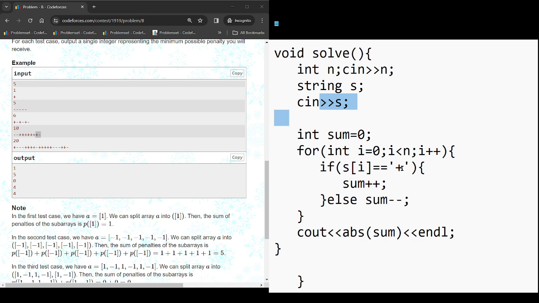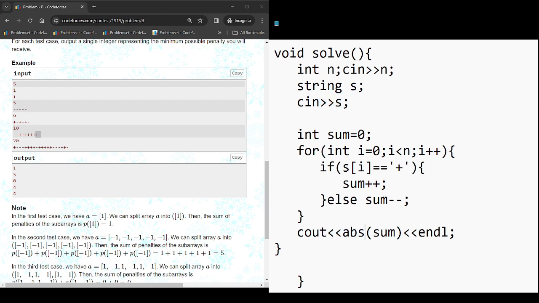If a character is plus, we increment the sum by 1. Otherwise, if it is minus, we decrease the sum by 1. And at last I have printed the sum in absolute value.